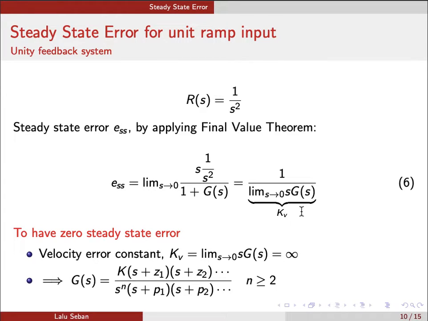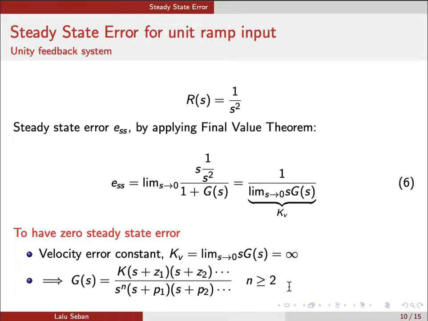So consider the case when n is equal to 1. If n is equal to 1, what is going to happen? This s and s will get cancelled out. So substituting s equal to 0, s tends to 0, we will not get infinity in the denominator. That is not going to happen. That is the same for n equal to 0 also.